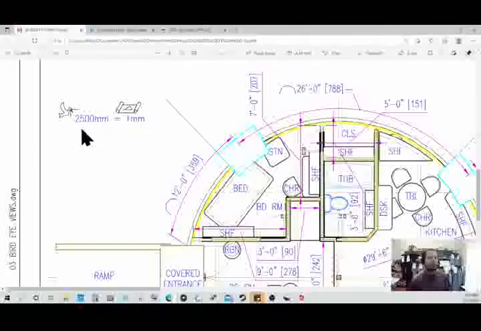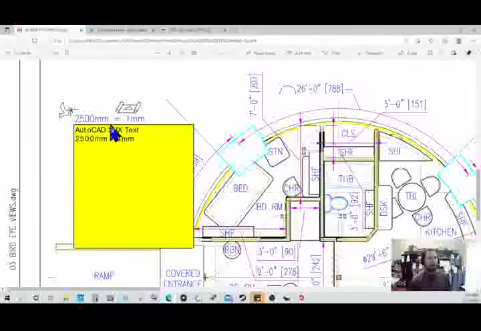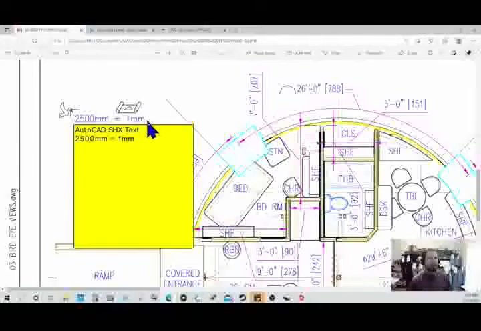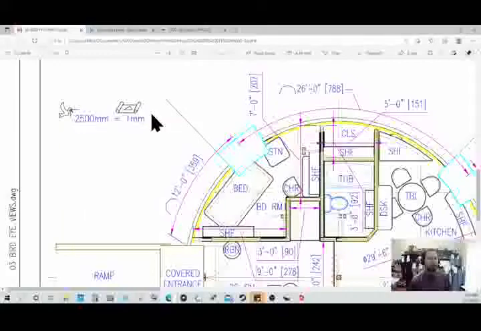And as for the scale, the real building would be 2500 millimeters for every millimeter drawn on paper.